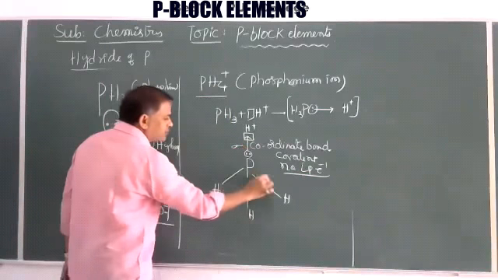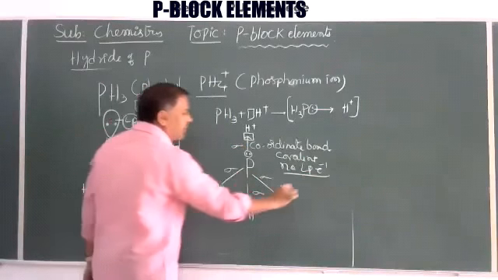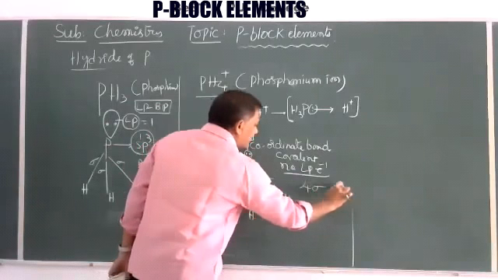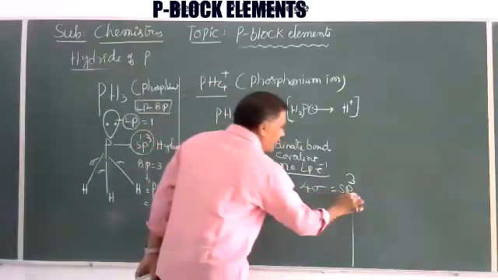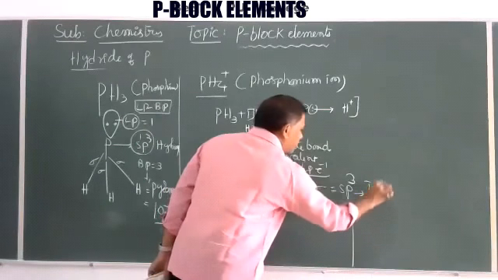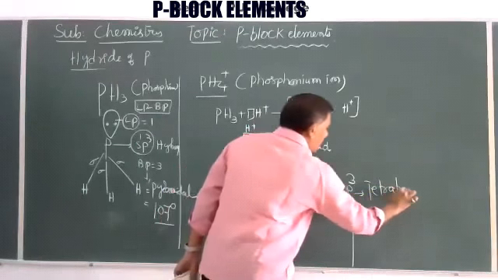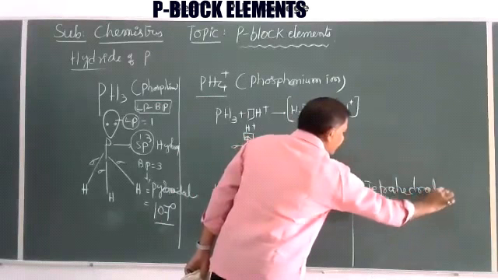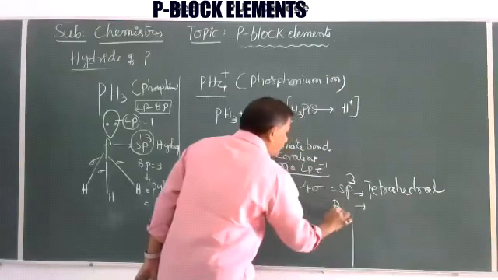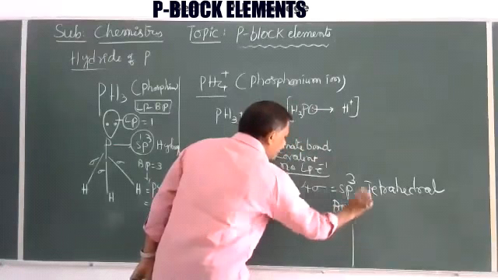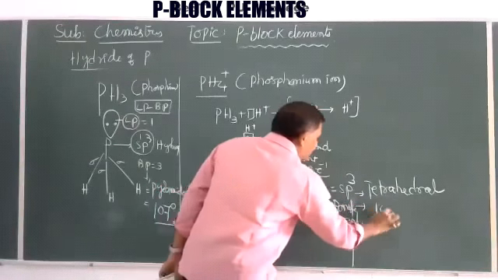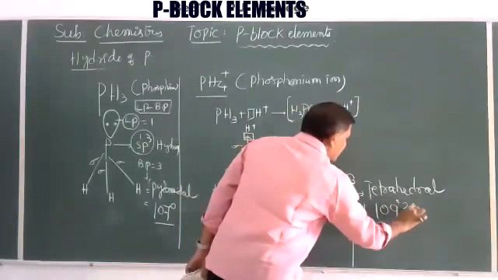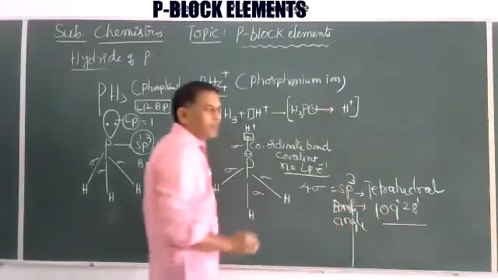Sigma bonds: 1, 2, 3, 4 sigma bonds are there. 4 sigma means sp3 hybridization. If it is sp3 hybridization, it has tetrahedral geometry, and its bond angle here is 109 degrees 28 minutes.